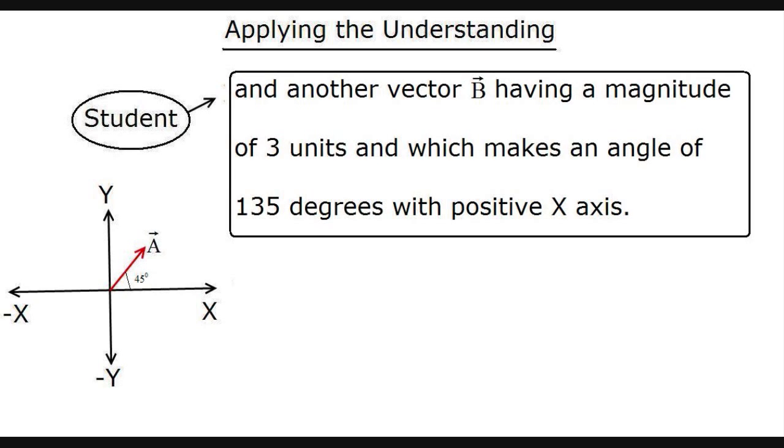And another vector, b bar, having a magnitude of 3 units, and which makes an angle of 135 degrees with positive x-axis.